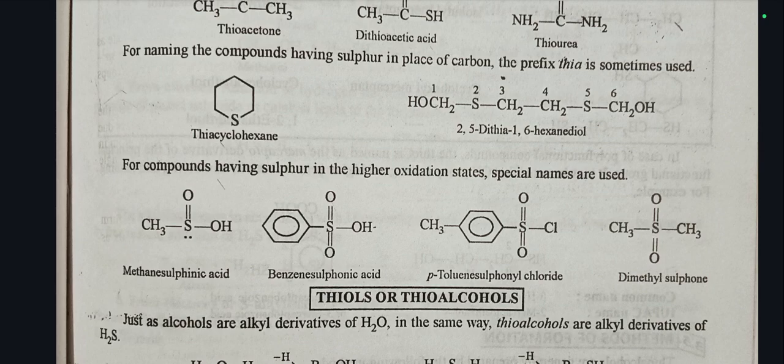CH3S=OOH. Name is methane sulfinic acid. Benzene with sulfur attached, two oxygens with double bonds and one OH. And the name is benzene sulfonic acid.